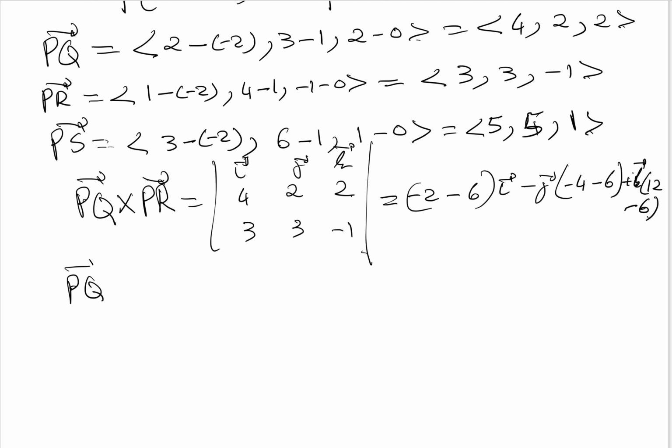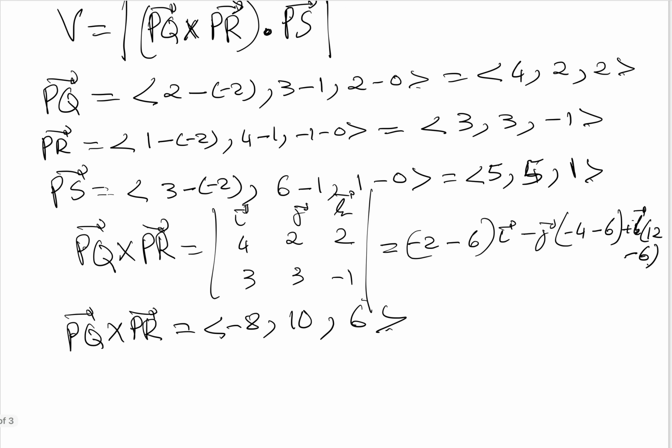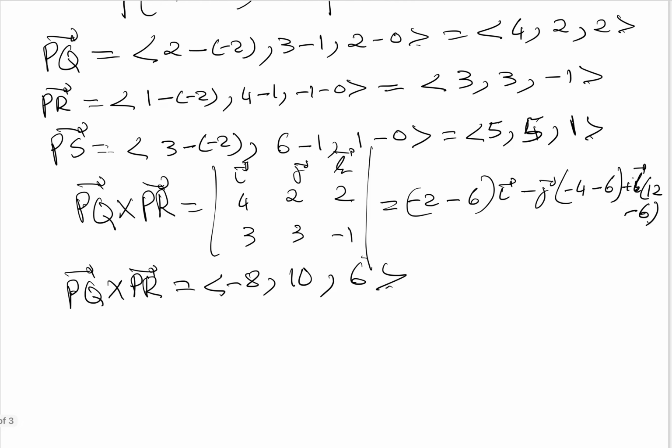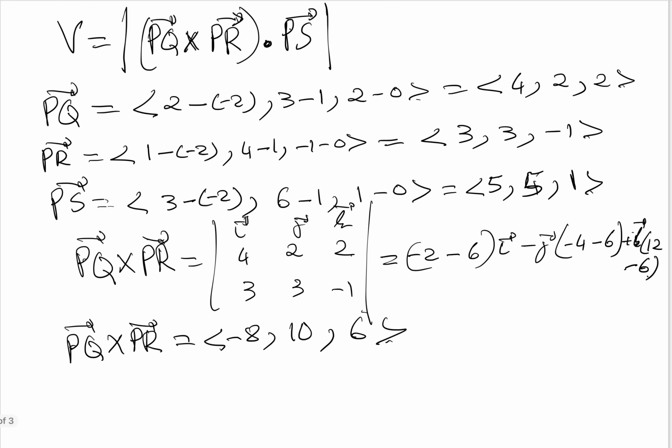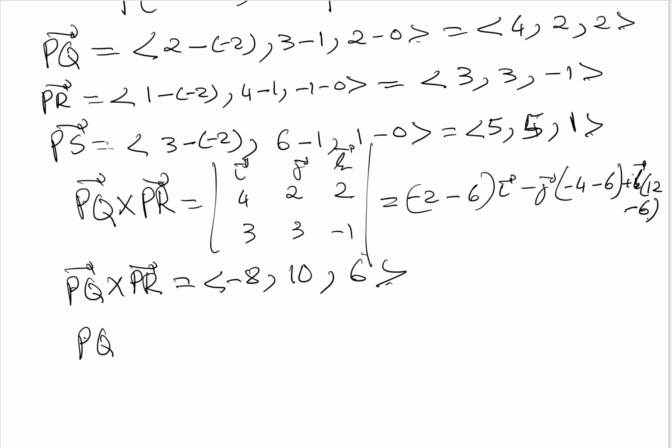So PQ cross product PR is equal to negative 8, and this one is just positive, so you have 10. And here you have 6. That's it. So now you have the PQ vector cross product of the PR vector, and you take the dot product with the PS vector.